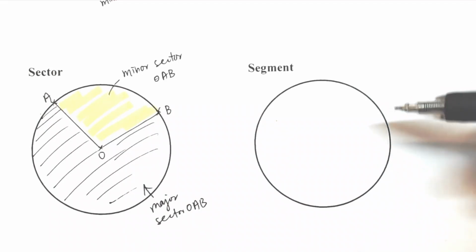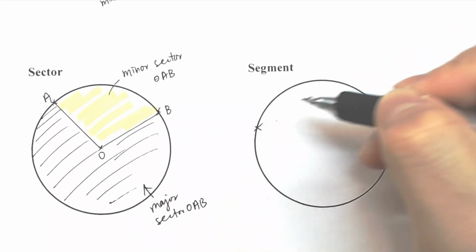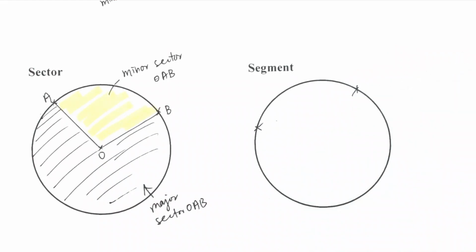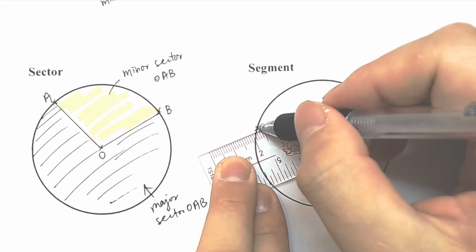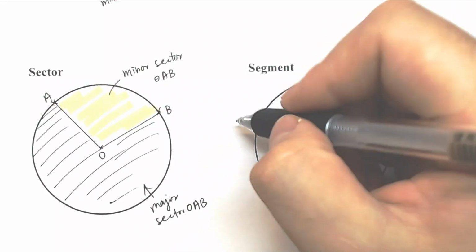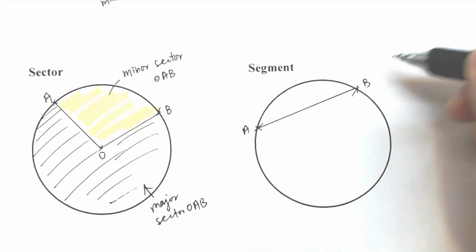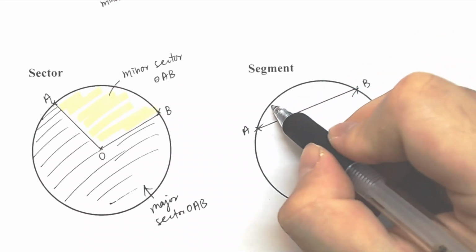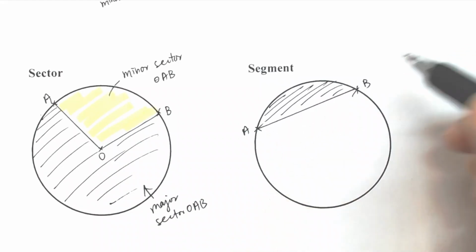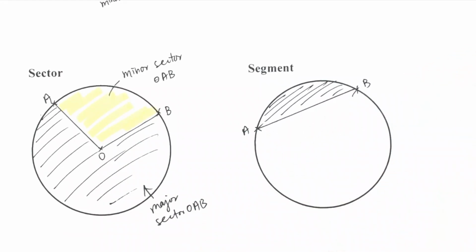And for segment, we first choose 2 points on the circumference and we join them up. Then the chord as well as the arc length would form a closed loop. And this part, we call it the segment of the circle.